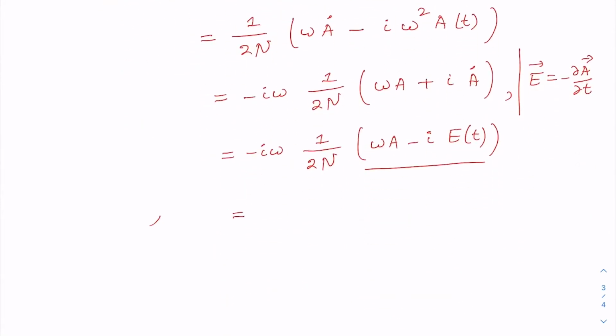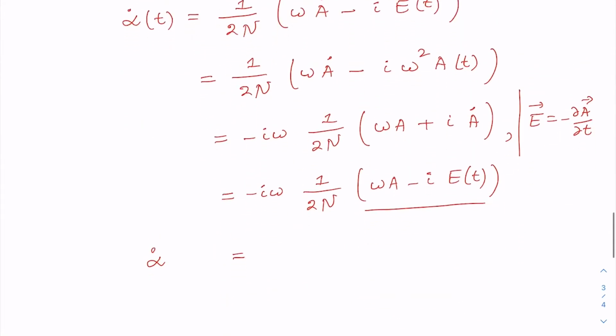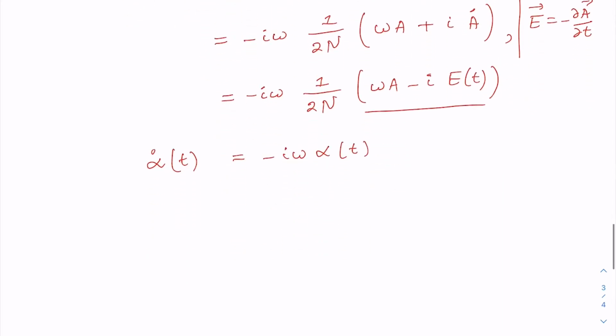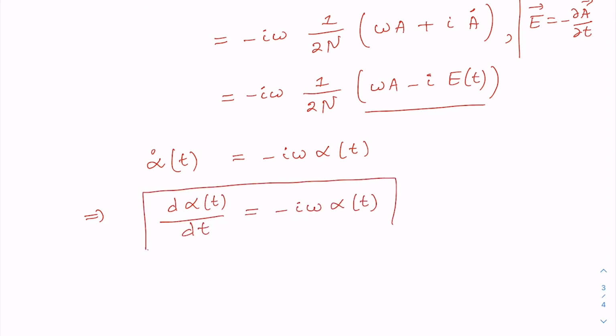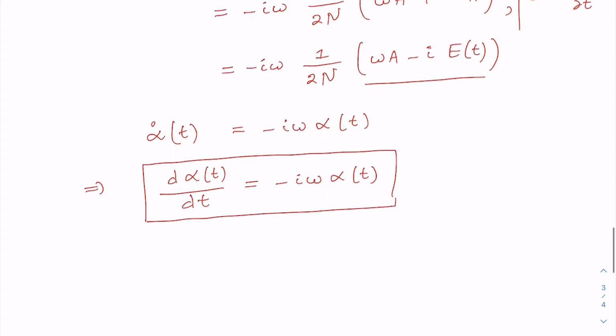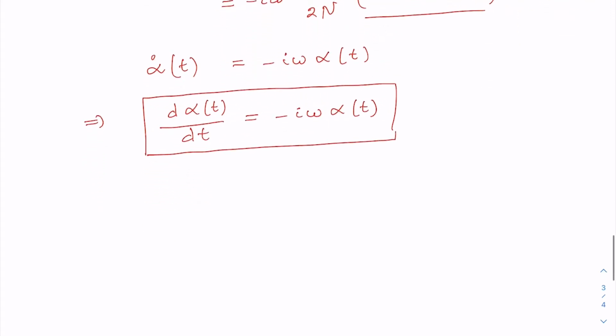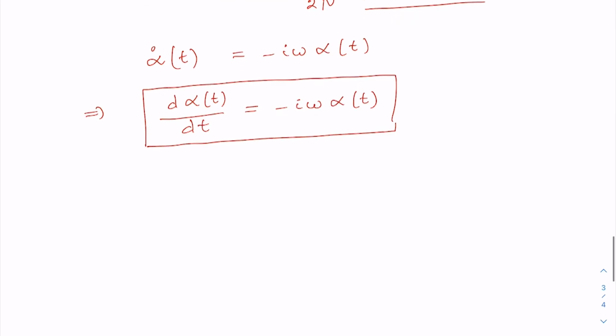So I have alpha dot(t) is equal to minus i omega alpha(t). So what you see is that the standing wave is fully determined, its dynamics is completely determined, by this dimensionless variable alpha(t). I am sure you can see the signature of the treatment that we have done in the last class regarding the propagating waves or the traveling waves.